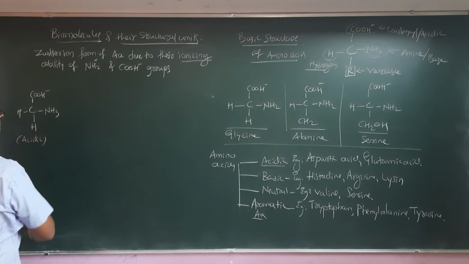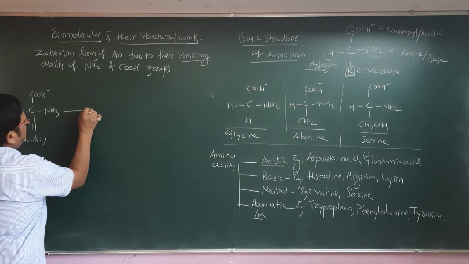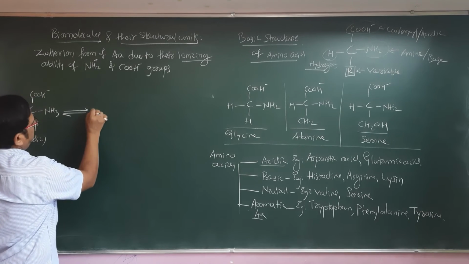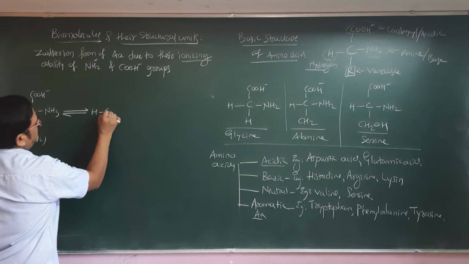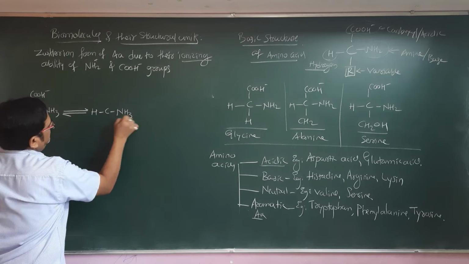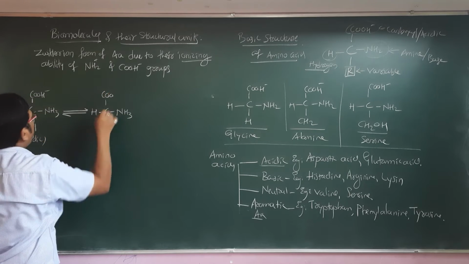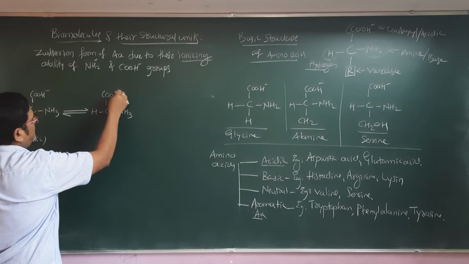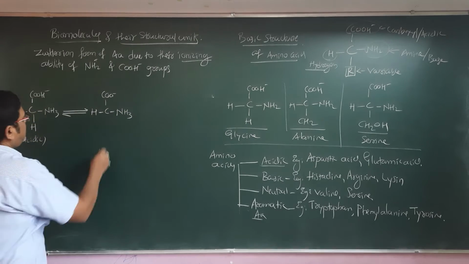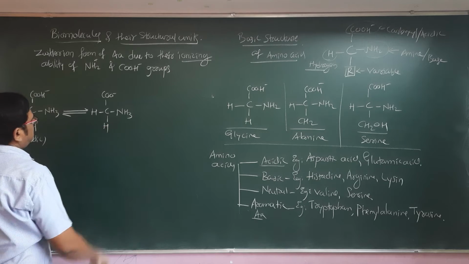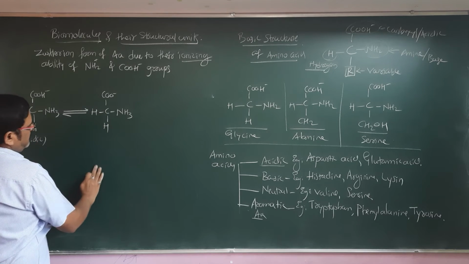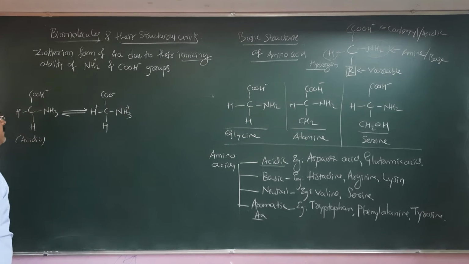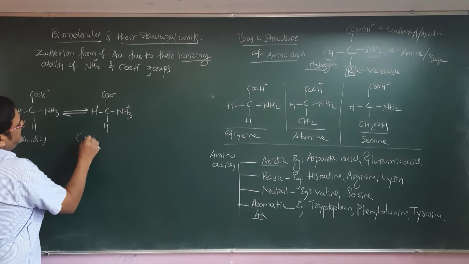It is interconvertible with one more form: H, C, NH3, then COO itself, and then H. So it has mainly the plus as well as minus ions, and it becomes neutral.